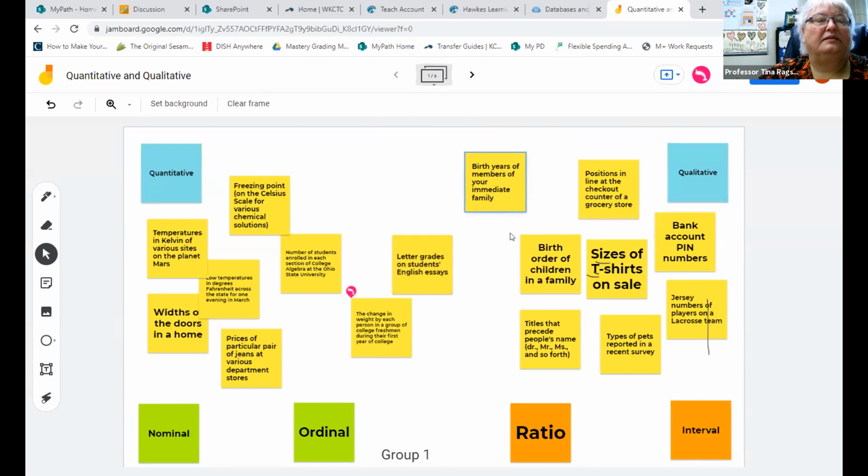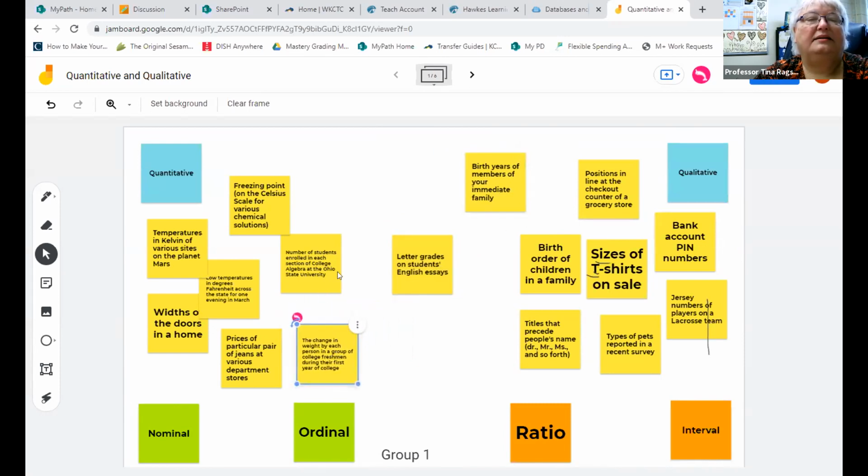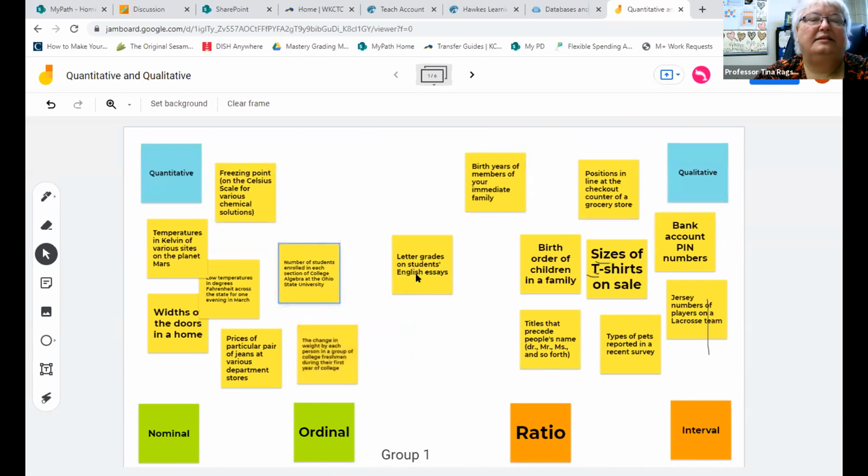So change in weight. Should be 8 on each side. We got one on the wrong side. Years.